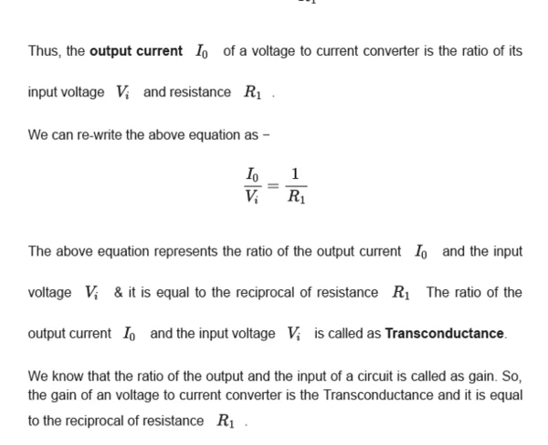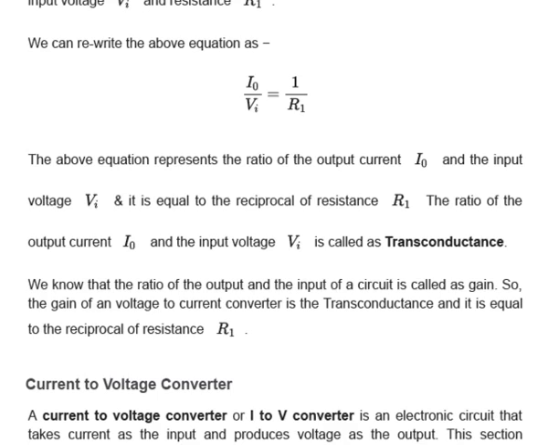The ratio of the output current I0 and the input voltage Vi is called transconductance. We know that the ratio of the output and the input of a circuit is called gain. So the gain of a voltage to current converter is the transconductance, and it is equal to the reciprocal of resistance R1.